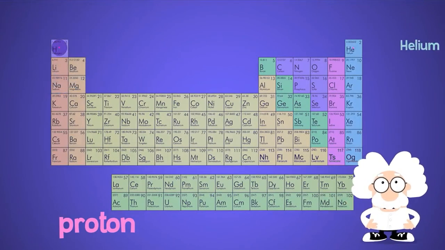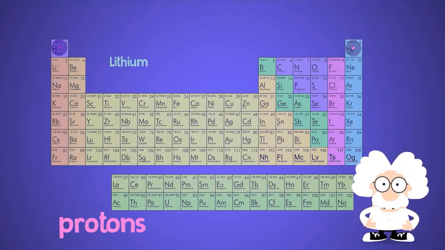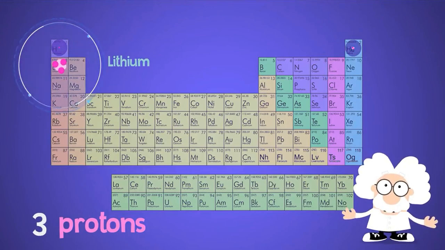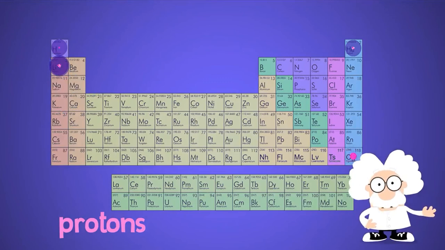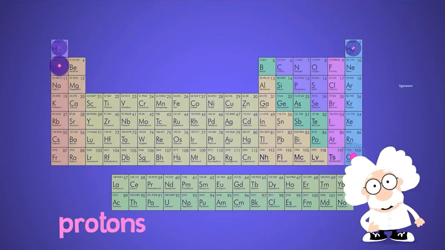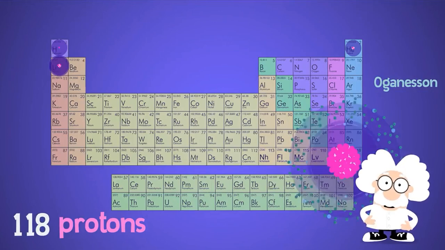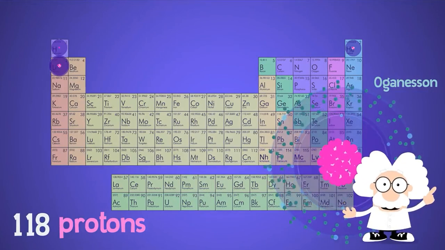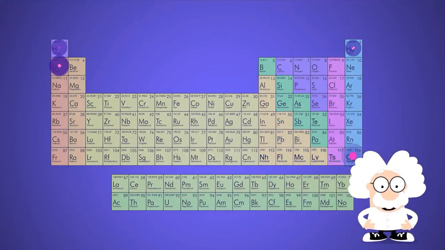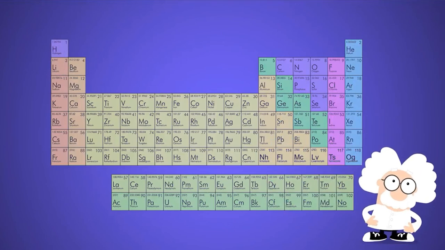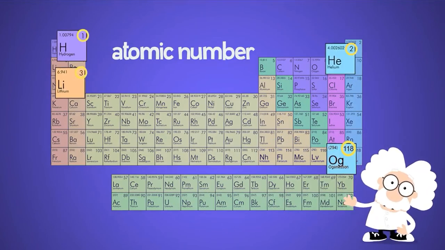The second element, helium, has 2 protons. And the third element, lithium, has 3 protons. This goes on all the way up to the 118th element, oganesson, which has, that's right, 118 protons in its nucleus. By the way, the number of protons in an atom is also called its atomic number, which you can see here on the periodic table of elements.